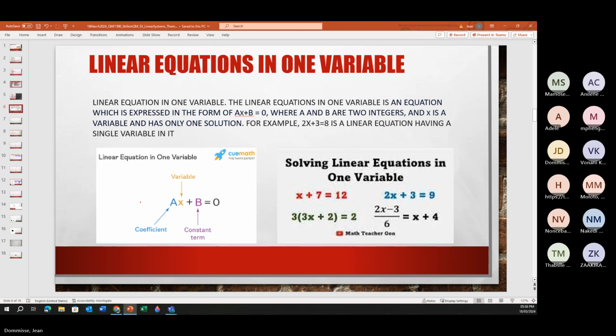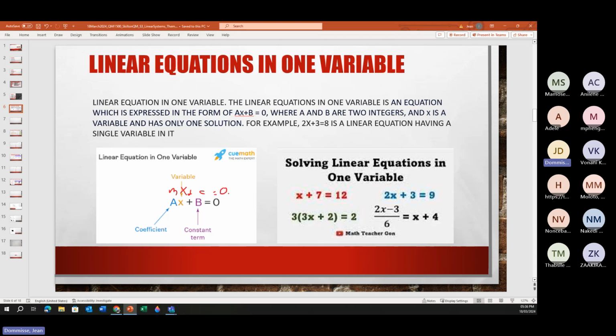You've got the standard linear equation, where they talk about ax plus b is equal to 0. In some cases this is called mx plus c equal to 0.